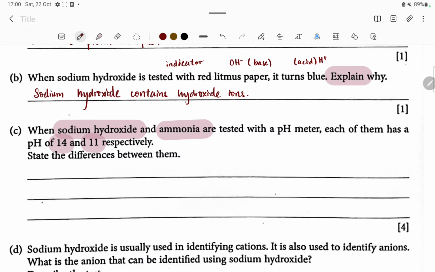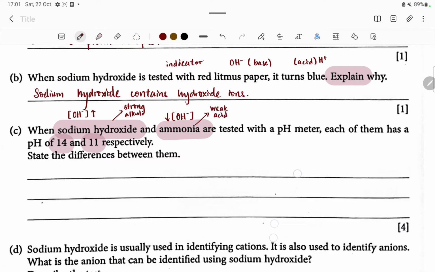This means that the concentration of OH minus in sodium hydroxide is larger compared to ammonia. And then we also know that this one is a strong alkali, since it can dissociate in water and form this much of OH minus. And then if like that, ammonia will be a weak acid.